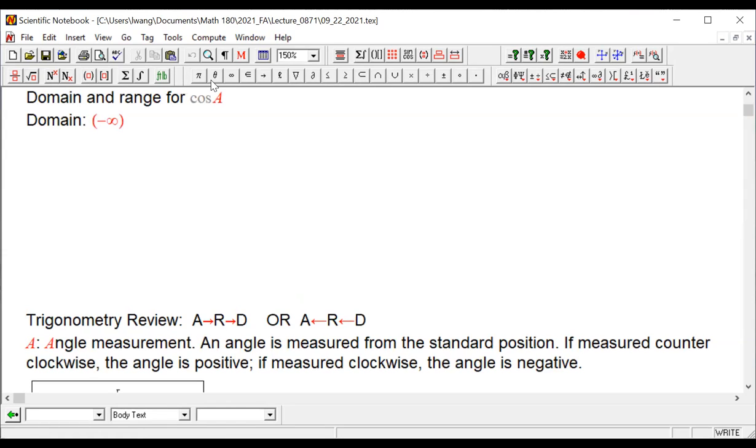It means it can be any angle, because all those terminals we drew are just terminals, and one terminal can correspond to many angles. And now the range.